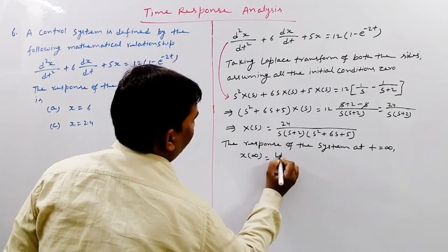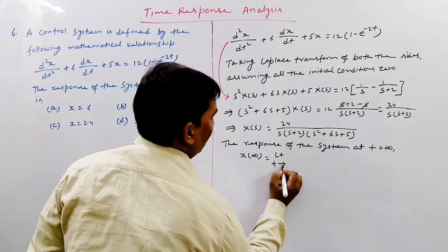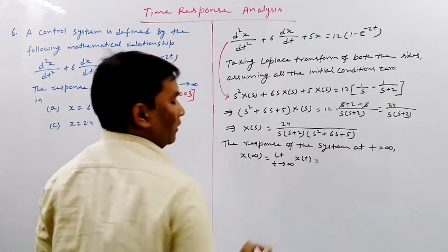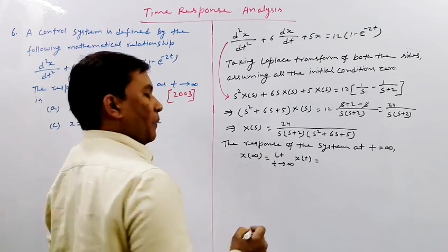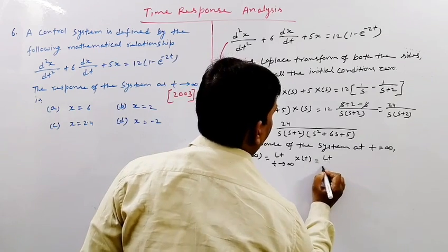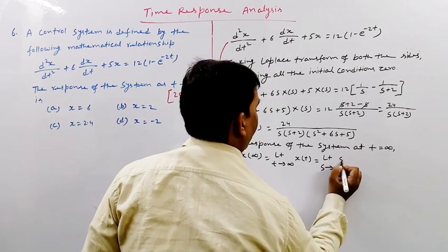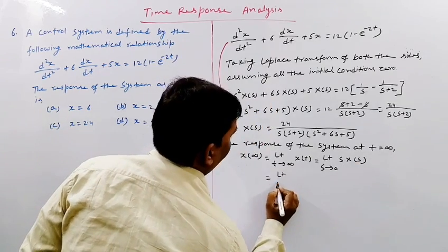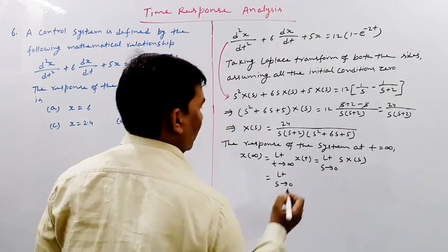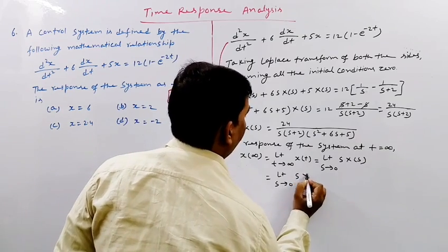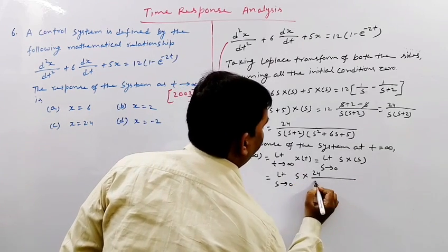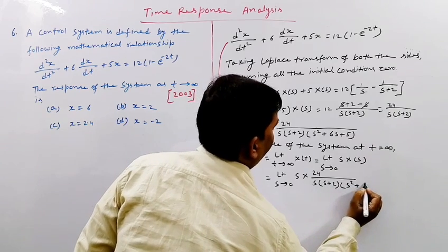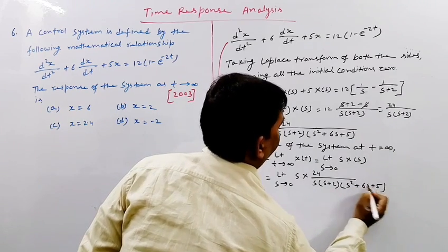This will be equal to limit t tends to infinity x(t), and in form of Laplace transform it will be limit s tends to 0 s X(s). So it will be limit s tends to 0 s, and what is X(s)? 24 divided by s into (s plus 2) multiplied by (s square plus 6s plus 5).